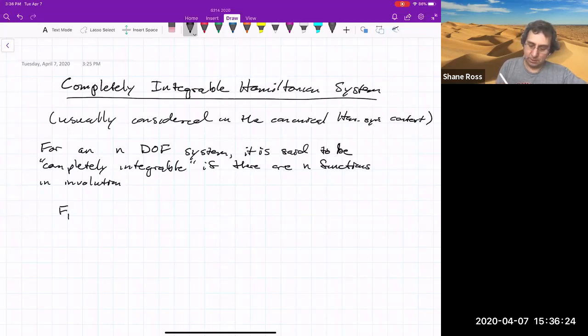So typically, the first function we'll just say is the Hamiltonian, because we know the Hamiltonian will have a Poisson bracket with itself that is 0. So let's make that the first function.